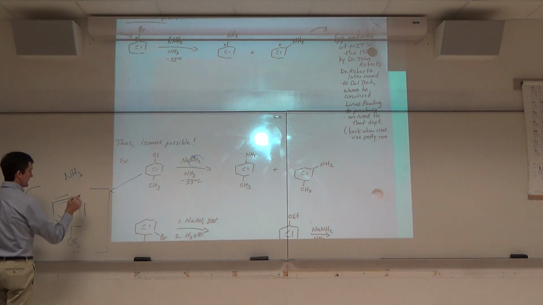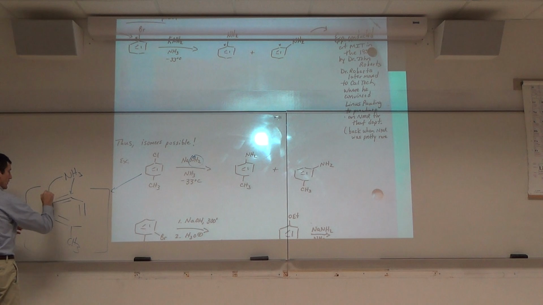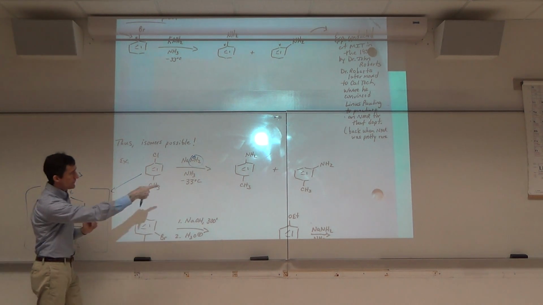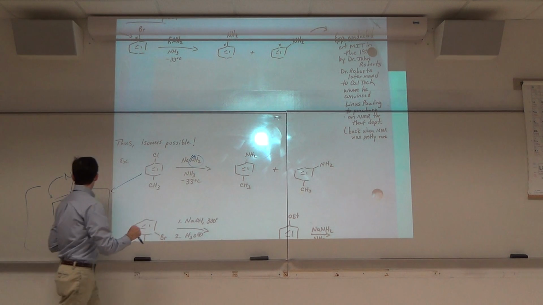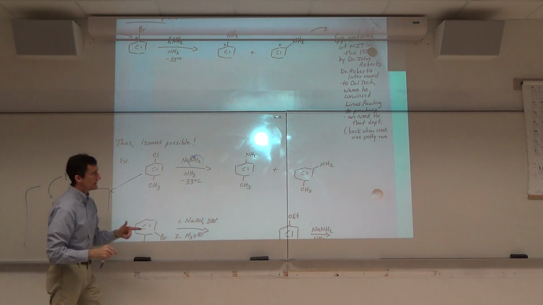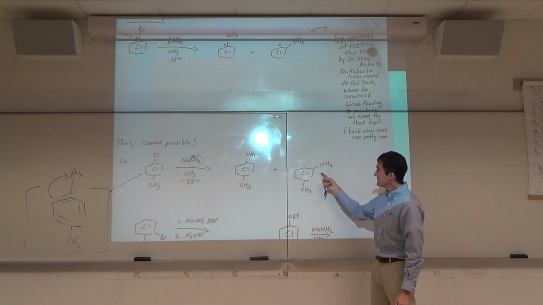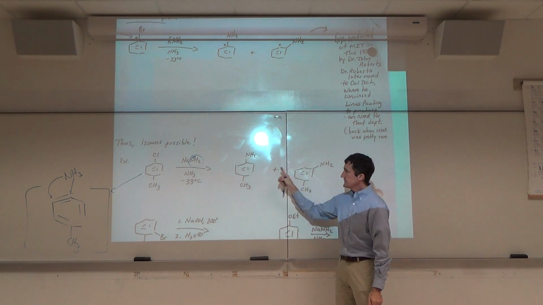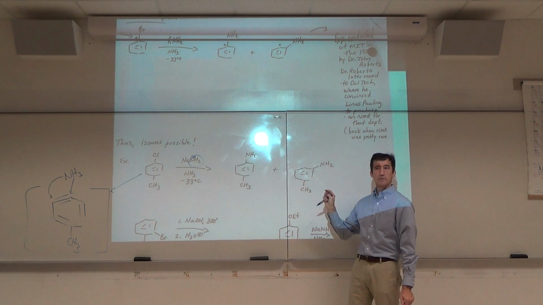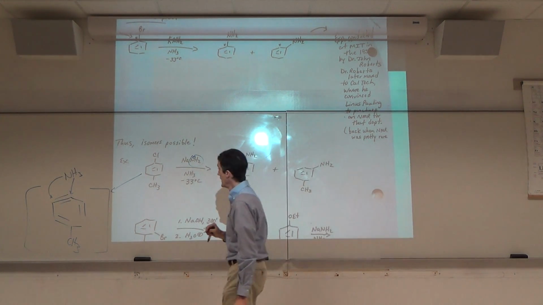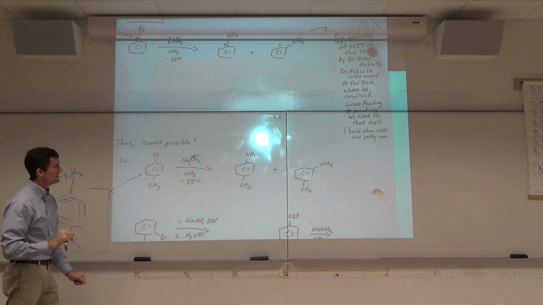Then what happens? Ammonia adds. It can either add here or here. We've already done the mechanism. If it adds there, you end up with which product? That one. If it adds over here, you end up with which product? That one. I've again flipped it. Okay, but that's it. Can you understand why you would get both of these? Now, which one is formed more?